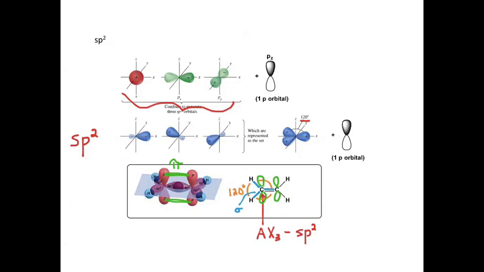So what we see when we have a double bond in this system here, so let's redraw this. Single bonds are always sigma bonds, but a double bond actually consists of one sigma bond, and that sigma bond is shown here, and then also one pi bond.